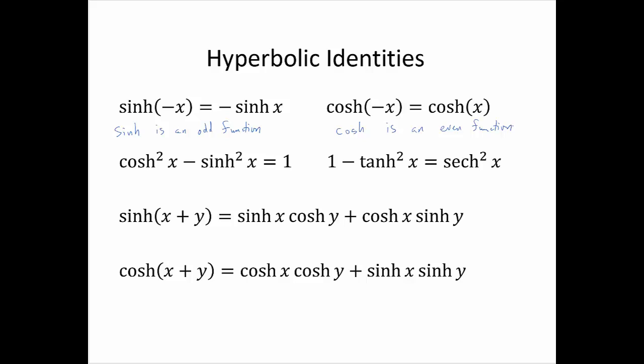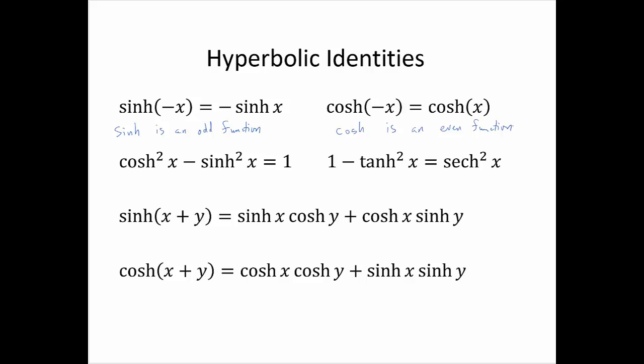You might remember some Pythagorean identities for traditional trigonometric functions. There are similar identities for the hyperbolic functions, but they're a little different. So you might remember that sine squared plus cosine squared of any angle is 1. Well, it's a little different.